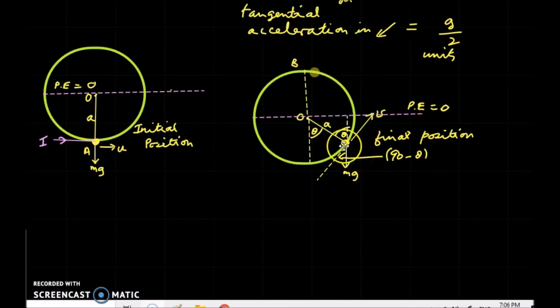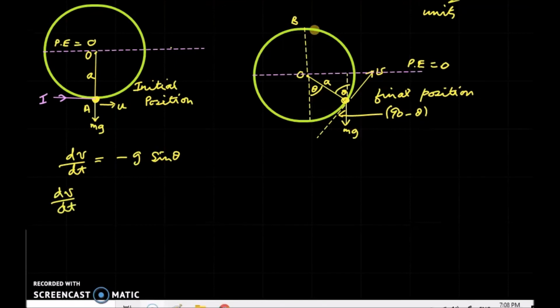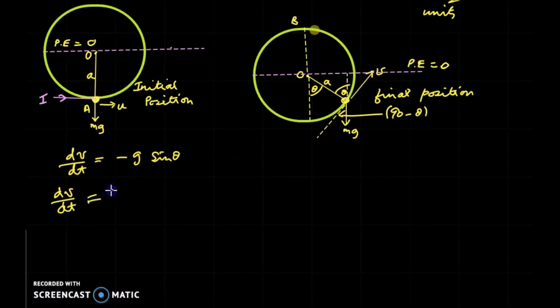Now, we have to find the positions of the rod when the tangential acceleration is 0. This is the acceleration in this direction when the rod makes an angle theta. We have to find the position of the rod when dv by dt equals 0. This is equal to 0 when minus g sine theta equals 0.